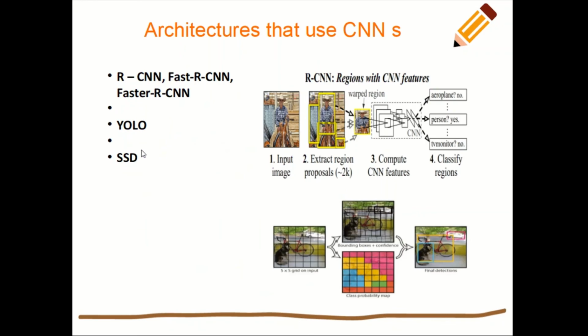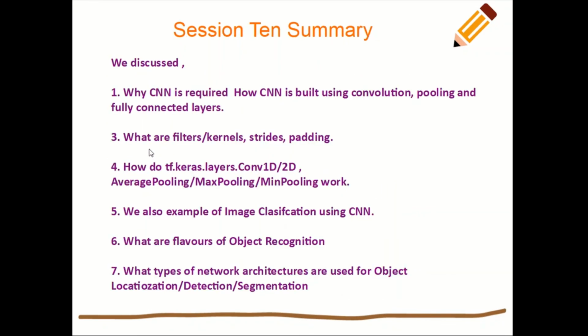And then we saw the concept of filters, kernels, strides, and padding. So filters are nothing but a group of neurons, and those neurons are connected to the input, and they have weights associated with them.